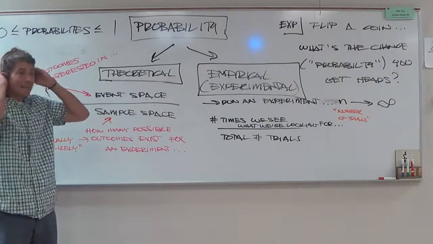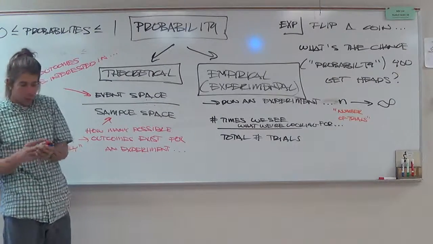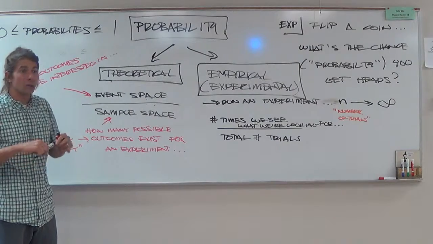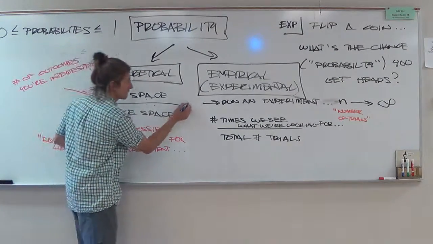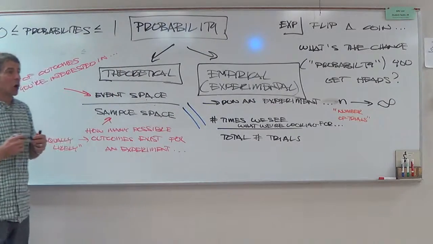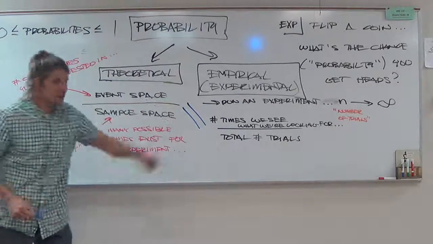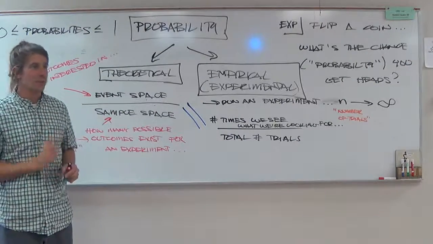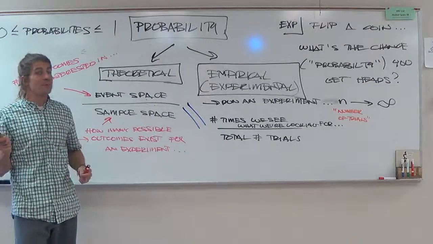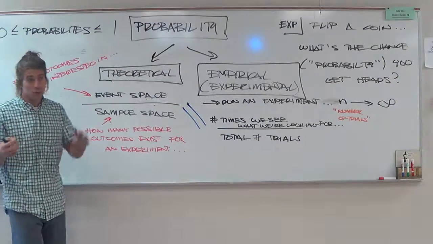Here's the beautiful part. There's this thing called the law of large numbers, LLN for short, that says these two things are going to equal each other as the number of trials increases. And the beauty of that is twofold.